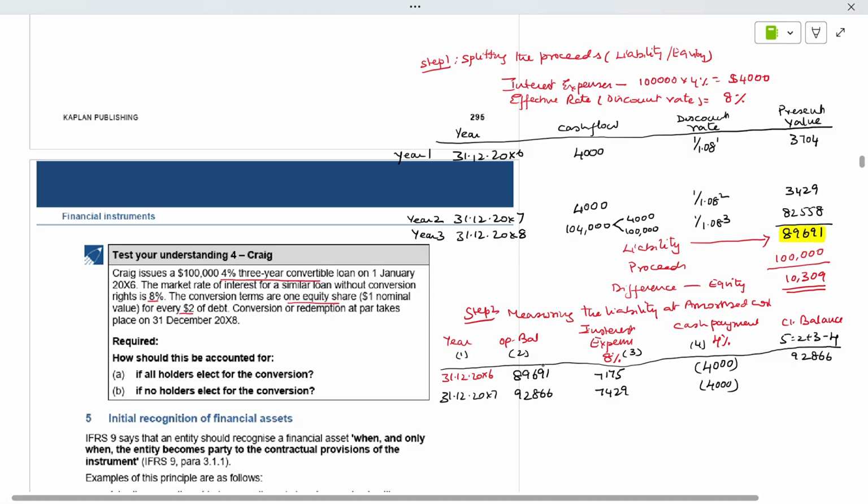Now 92,866 plus 7429 minus 4,000. How much is it? 96,295. 31/12/2008. 96,295.